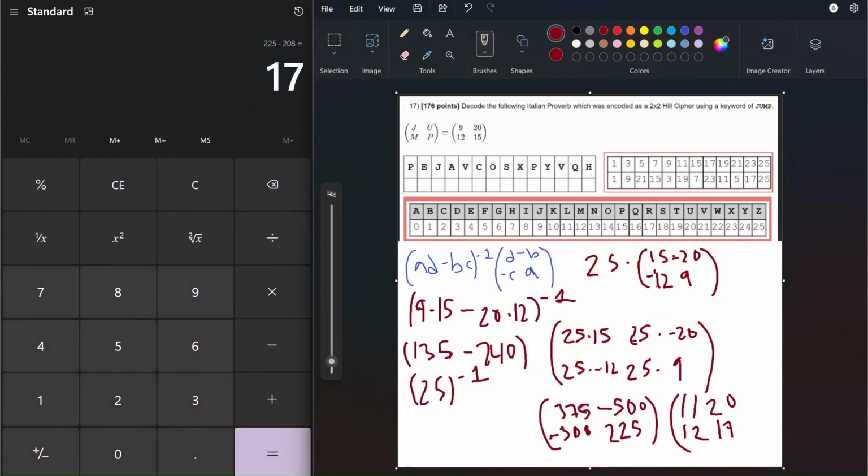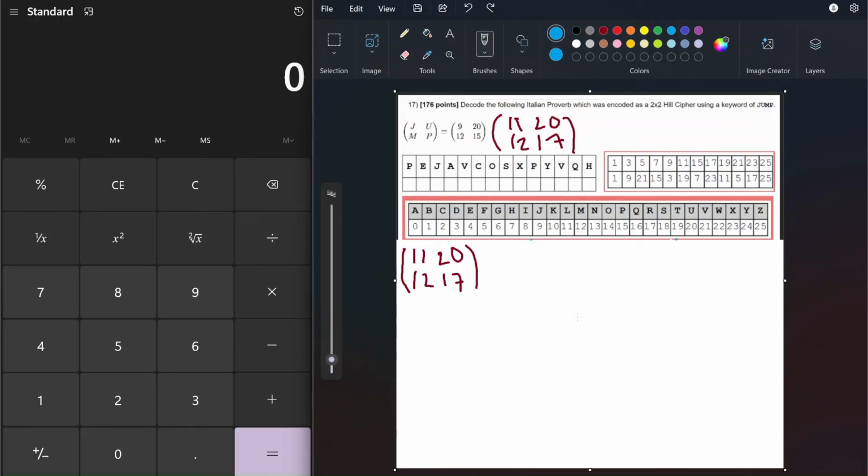So now that's going to be our next step. So we have our new matrix as 11, 20, 12, and 17. That's going to be the inverse of our original matrix. And we're going to use that matrix to figure out the values of the numbers in this next section.